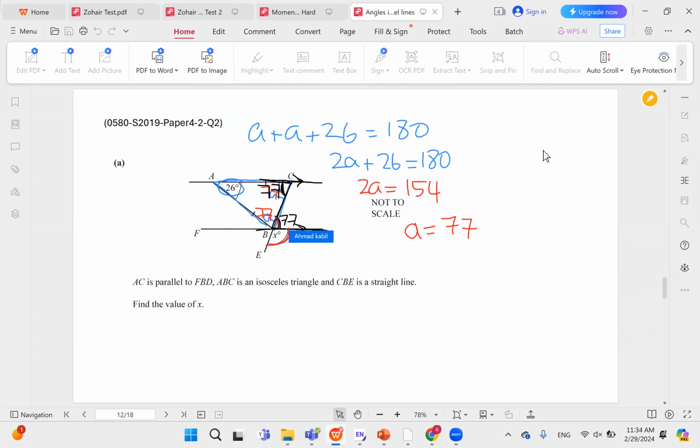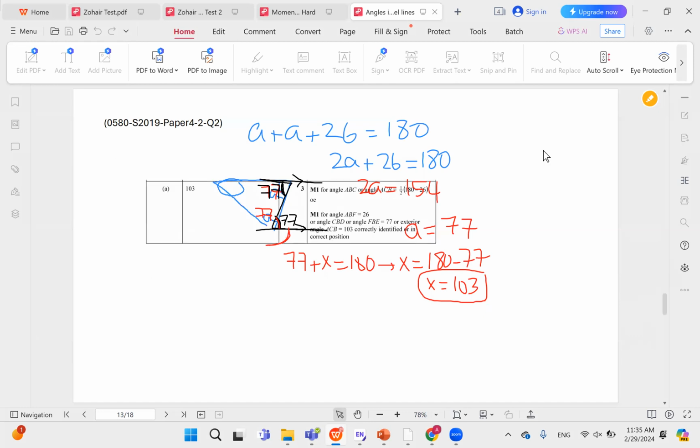So the sum of these two angles, 77 plus x equals 180. So x equals 180 minus 77. So x equals 103. x equals 103 is the correct answer here as well.